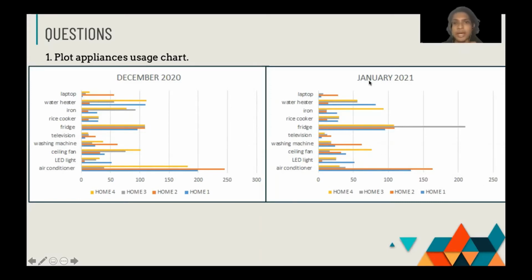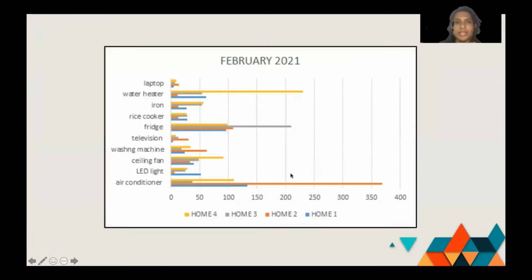The estimated highest kilowatts on December 2020 was 245 kilowatts used by the air conditioner. The estimated highest kilowatts on January 2021 was 210 kilowatts used by the fridge. And lastly, the estimated highest kilowatts on February 2021 was 369 kilowatts used by the air conditioner.